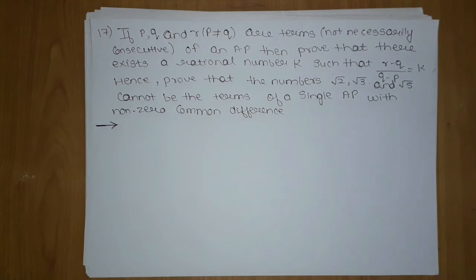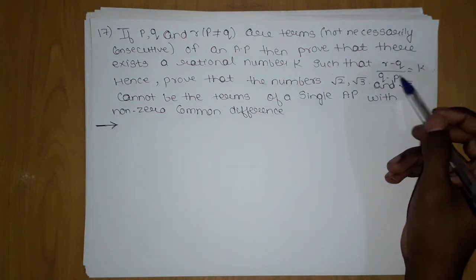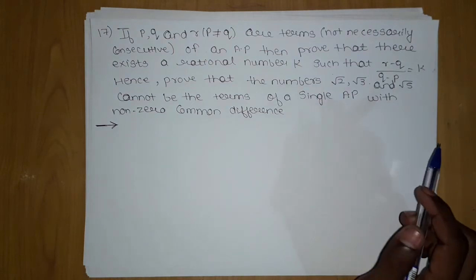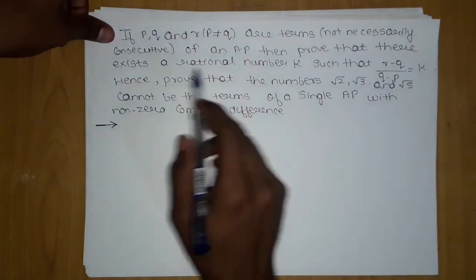So they have given a condition, and the only idea I am getting is that we want to satisfy this condition. If it satisfies this condition, then we will move forward and see what we get from this condition. So p, q, r are the terms.